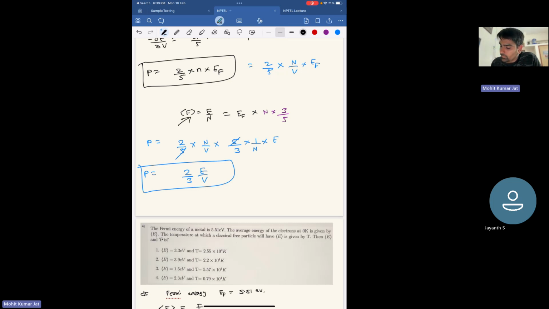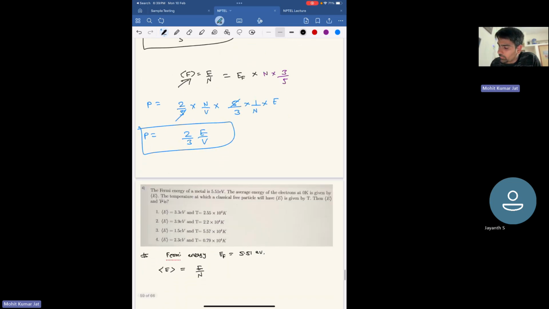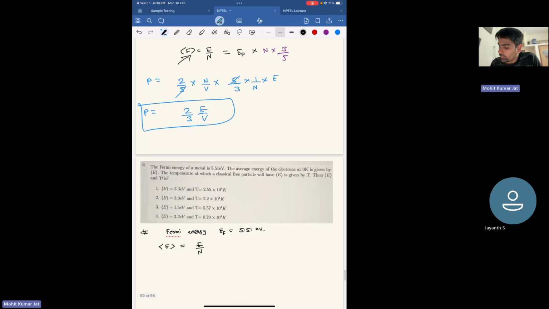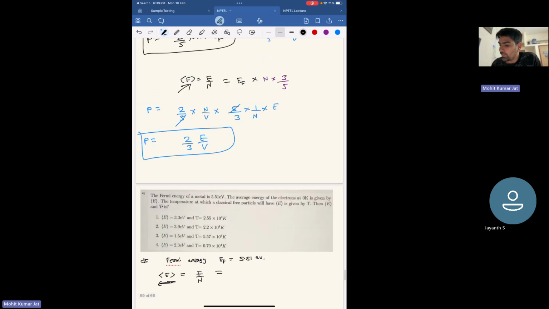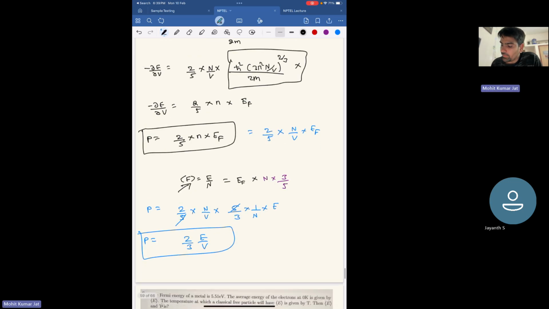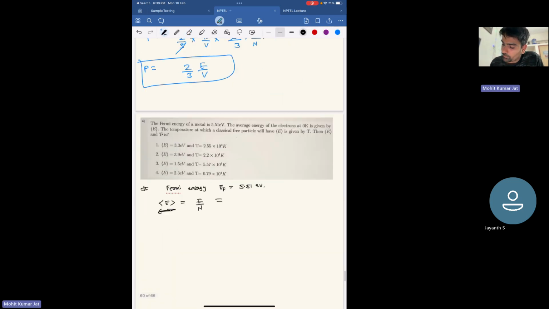The temperature at which the classical particle is given by T. First, they are asking this term, E by N. We know from this relation that this will be 3 by 5 times EF.